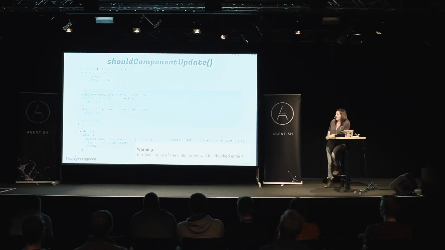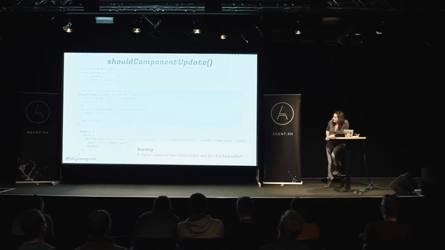Anyways, this is a simple button, and it has a color, and there's a counter in state. In this example, I'm checking if both the prop of color and the state of the counter have changed. And if they have not, then I return false so that it skips reconciliation.